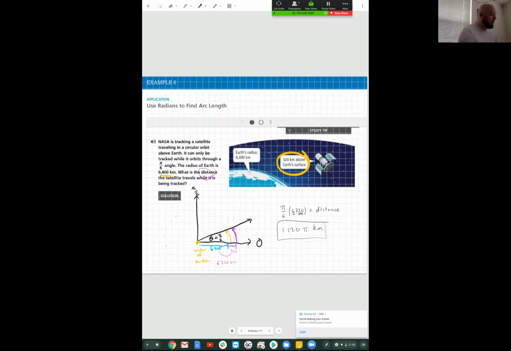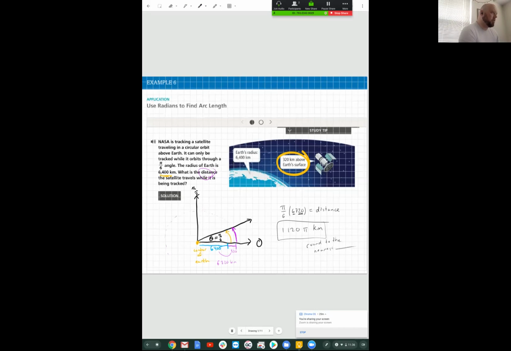I'm perfectly cool with you leaving your answers, and I would actually prefer you leave your answers like this with pi in the answer. But you're going to see some problems where they say round to the nearest whatever. If they do that, what they want you to do is take the number pi on your calculator, type pi, and then times 1120.